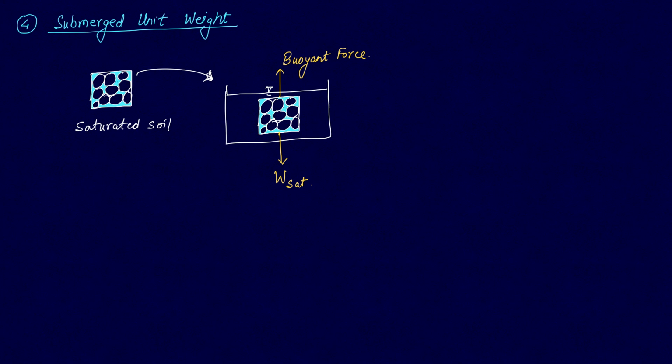So what is the difference between the submerged condition and the saturated condition? That is the amount of water. If we are saying that the soil is in submerged condition, that means the amount of water is more than the original volume of voids, and the soil is completely submerged.